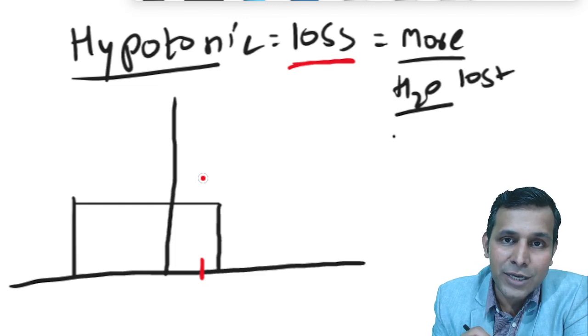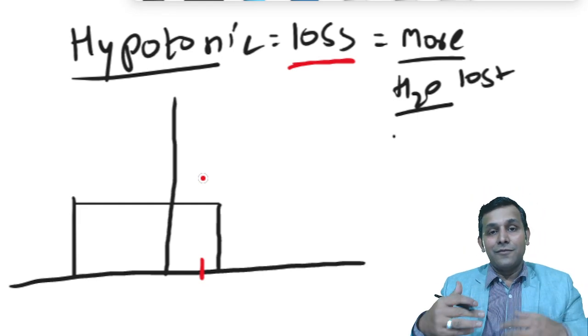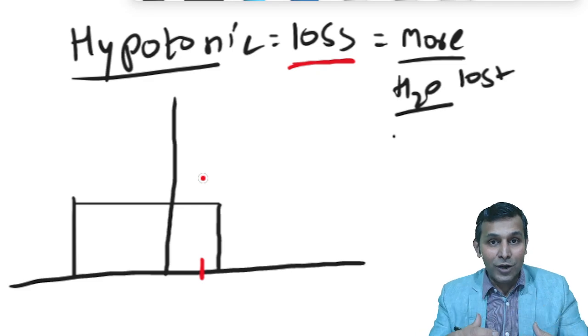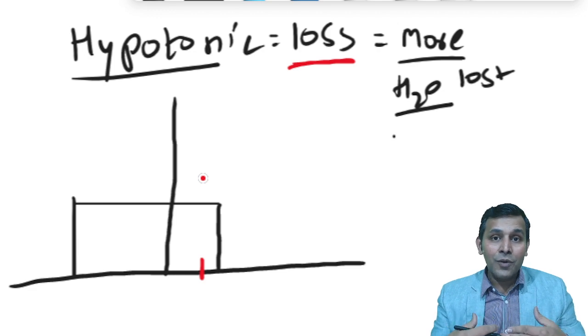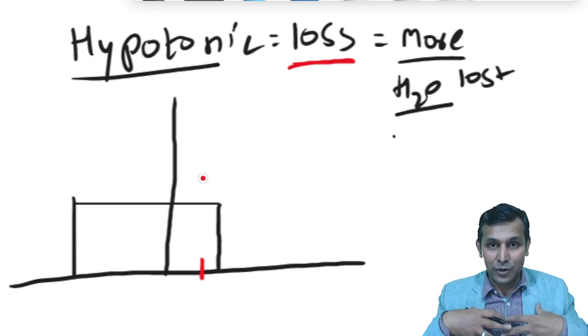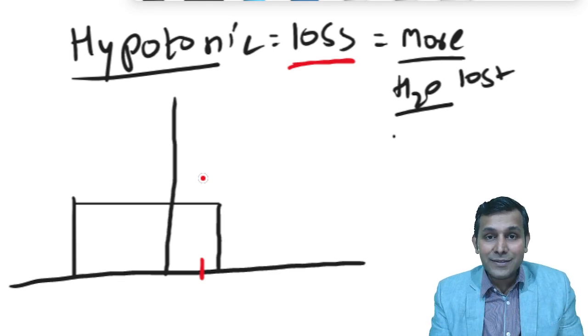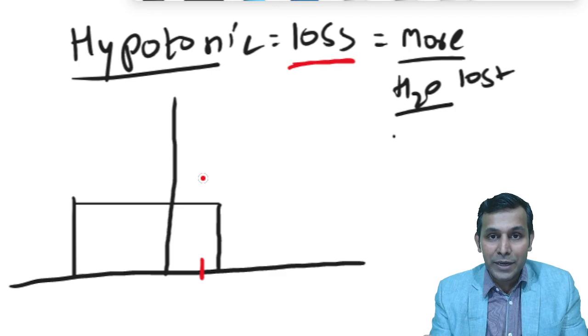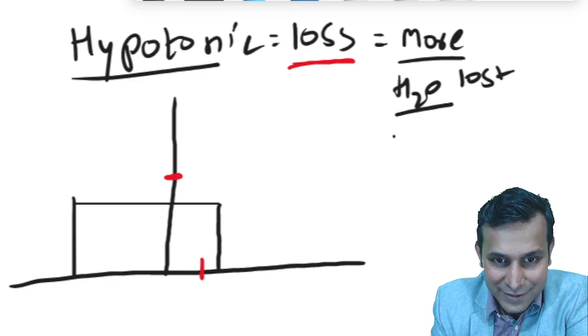What happens to the ECF osmolarity? Now try to think here. We are losing more water and salt remains in the body. So in our ECF, the salt concentration has increased. The osmolarity has increased. So ECF osmolarity increases.